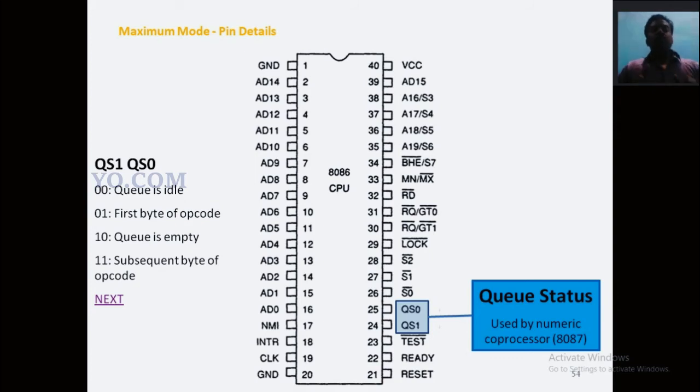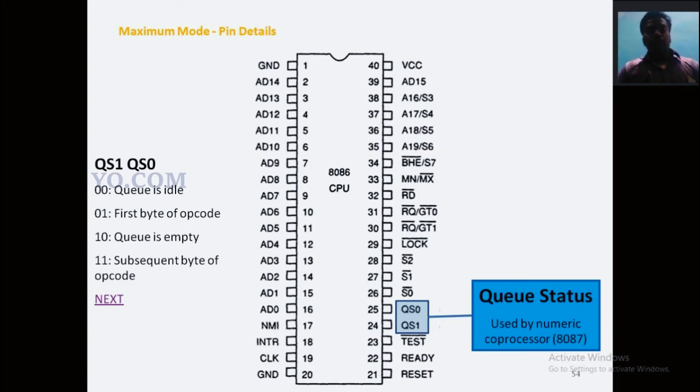So these are the pins used in the microprocessor. Totally we have 40 pins, but the signals are more than 40 because some pins are allocated for multiple signals and dual operations.